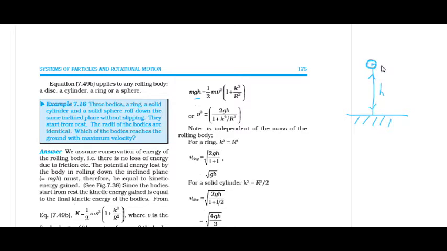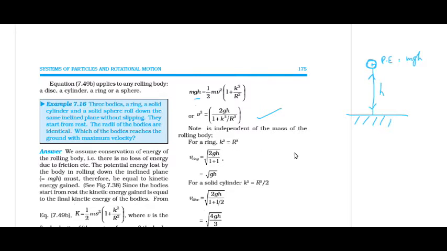What type of energy is stored here? Potential energy. And what will be the value of potential energy here? mgh is the value. As soon as we release this, the potential energy converts to kinetic energy. So mgh is equal to half mv square bracket 1 plus k square by r square. So v square is equal to this much upon calculation.